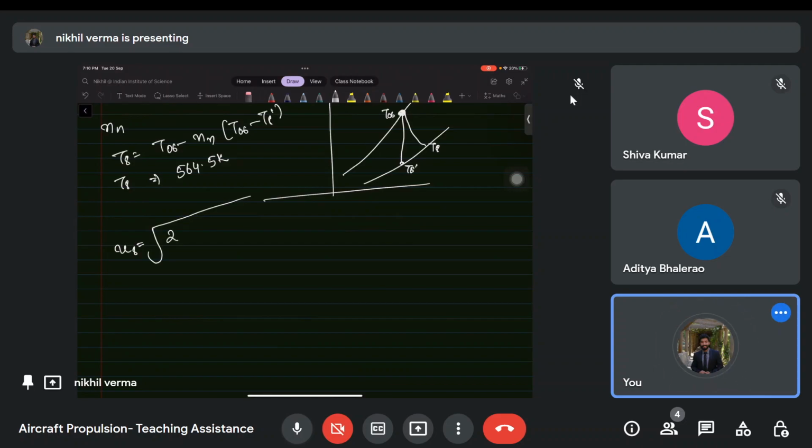And if you have to calculate what is velocity at exit, just have to use this energy balance. Let me write, T naught 6 is equal to CP T naught 6, CP T8 plus V8 square by 2.